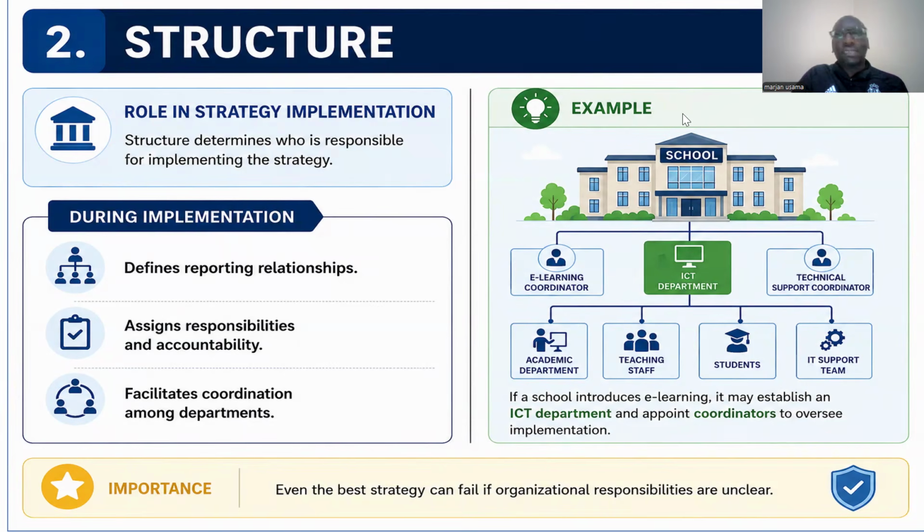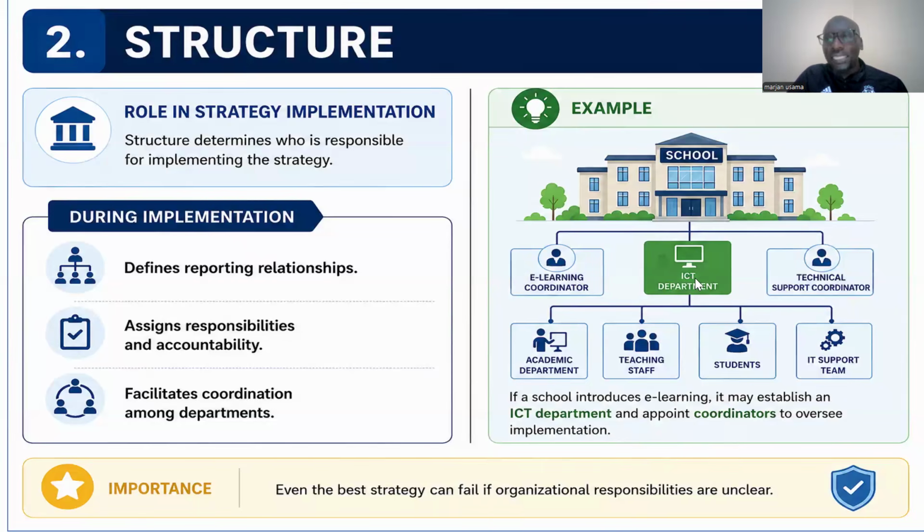If you look at this example, this is the example of our school. If a school introduces e-learning, it may establish an ICT department and appoint coordinators to oversee implementation. So you can see here we have the e-learning coordinator.